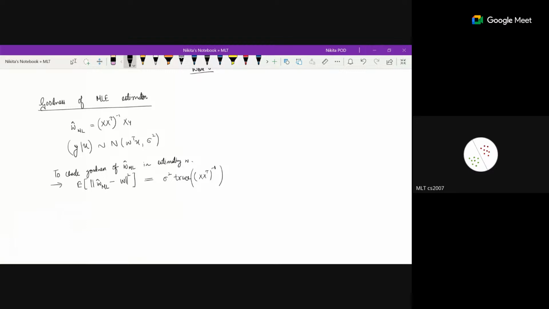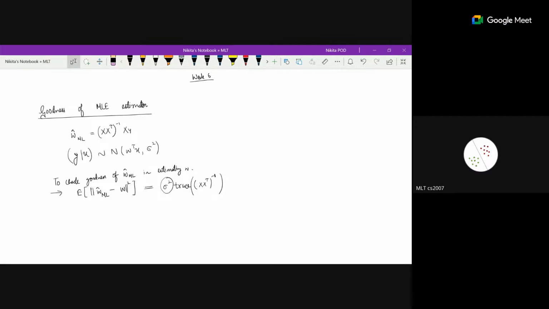Now sigma square is something which we don't have any control over, because my data set is generated from a normal distribution with mean W transpose X and variance sigma square, and sigma square was the variance of the error term.